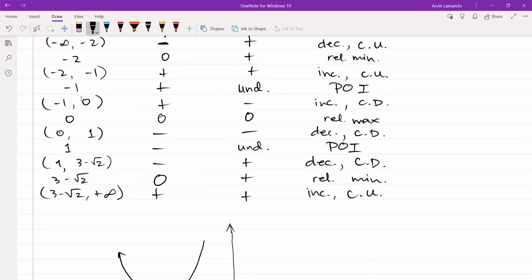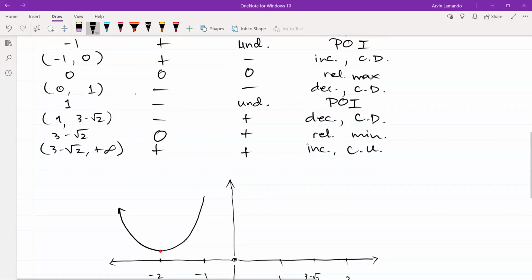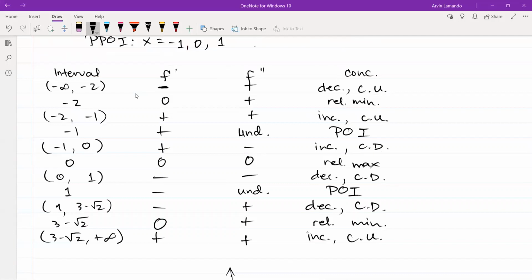Okay, so at x equals negative 1, let me redraw that. As long as we satisfy the general behavior of f, that's fine.